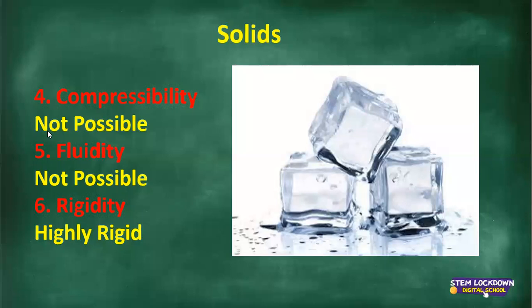When we talk about fluidity as well, we talk about its ability to flow. So to flow like a liquid. So we know that solids do not flow at all. So it's not possible for a solid to flow. And then we talk about rigidity, okay?